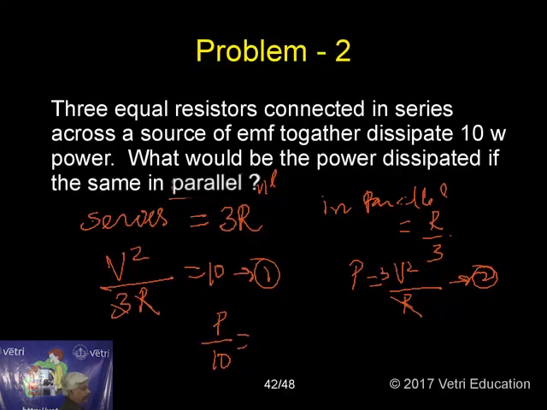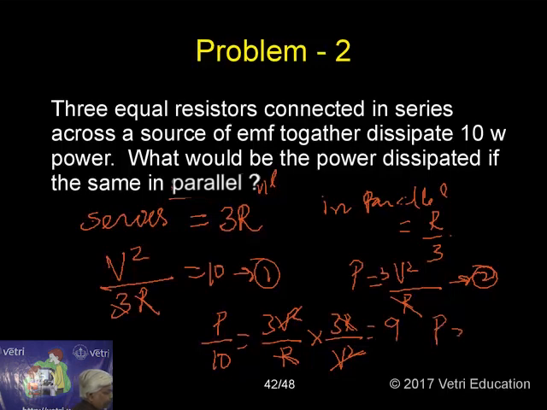The V squared and R get cancelled. Why is there P by 10? On the right hand side, V squared by 3R into R by 3 V squared, so V squared gets cancelled, R gets cancelled, and that is equal to 9. Therefore, power is equal to 9 into 10, 90 watts. When they are connected in series, the power is 10 watts. If they are connected in parallel, the power is 90 watts. Kindly make the correction: here it is not series, it is parallel.